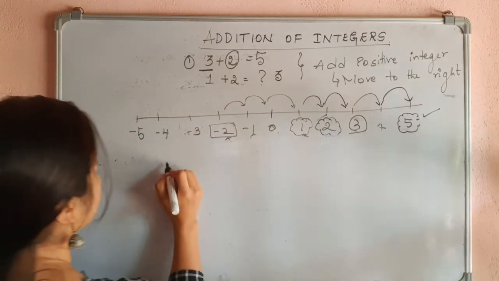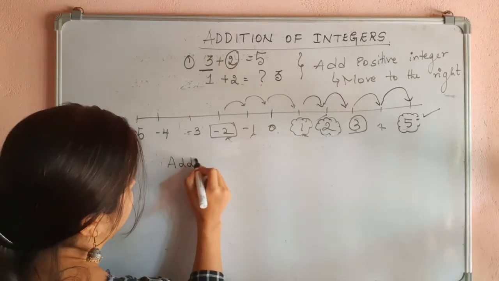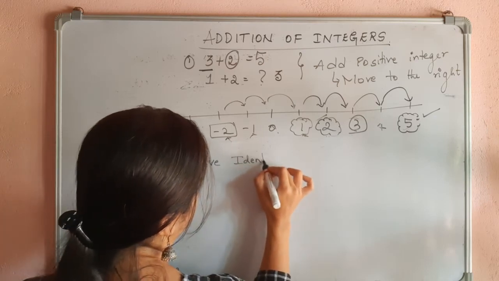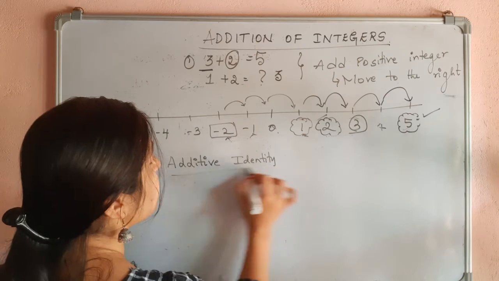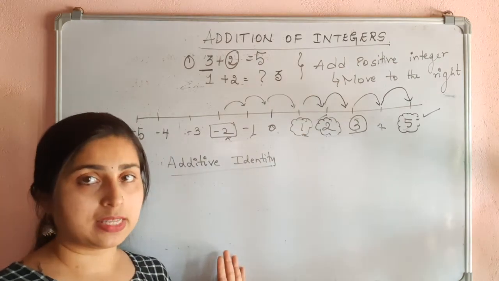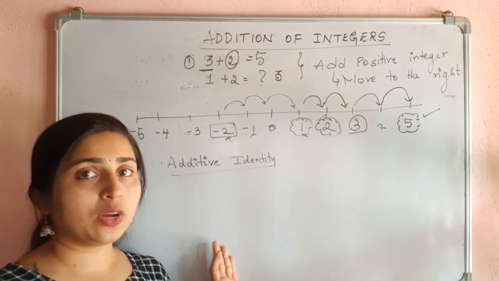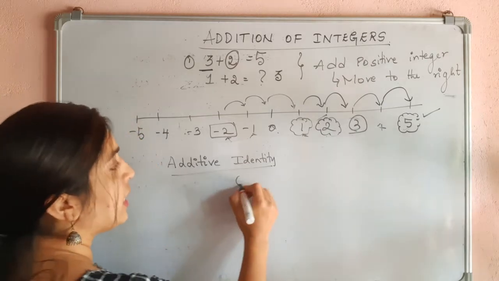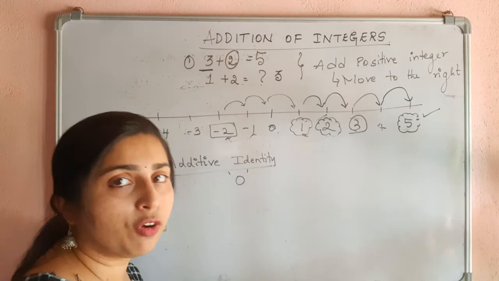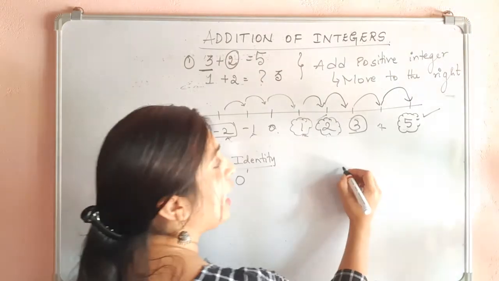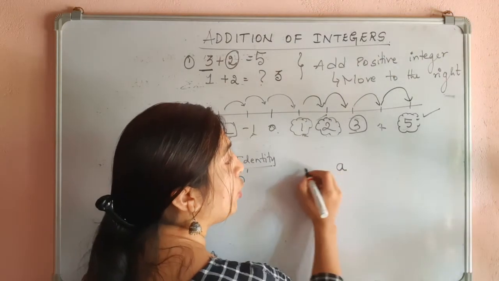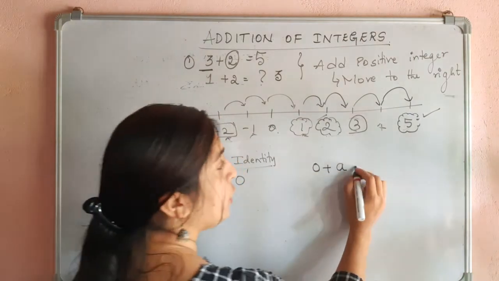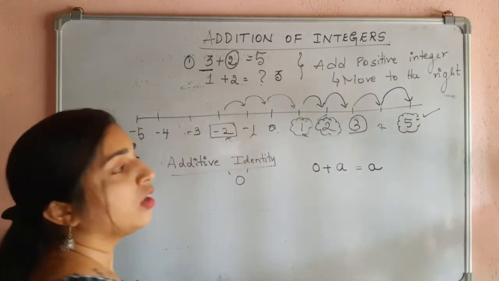Next, let us take additive identity. You have already studied whole numbers, and there you had seen that 0 is the additive identity of the whole numbers. Similarly, 0 is the additive identity for integers also. Whenever you add 0 to a number, it gives you the same number.